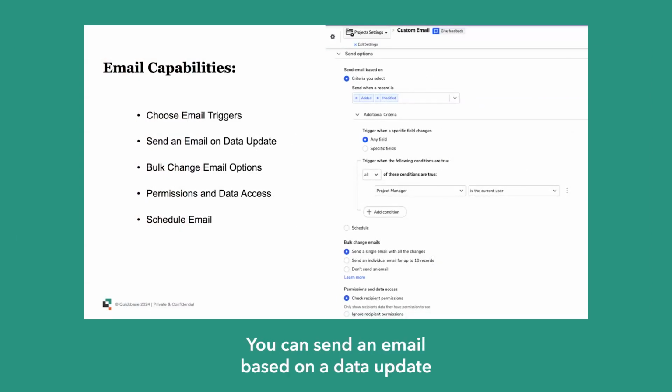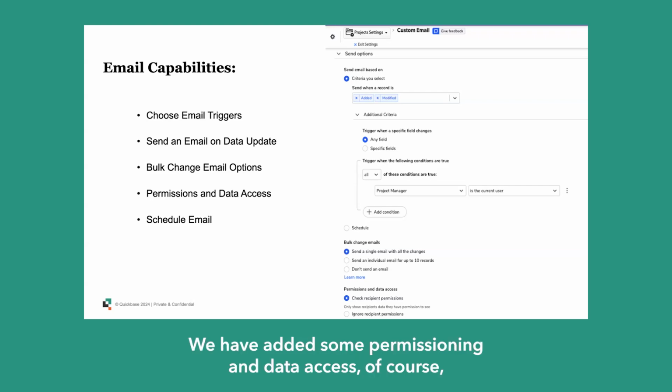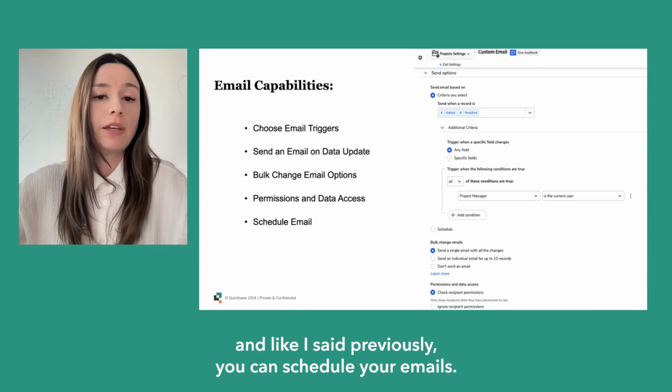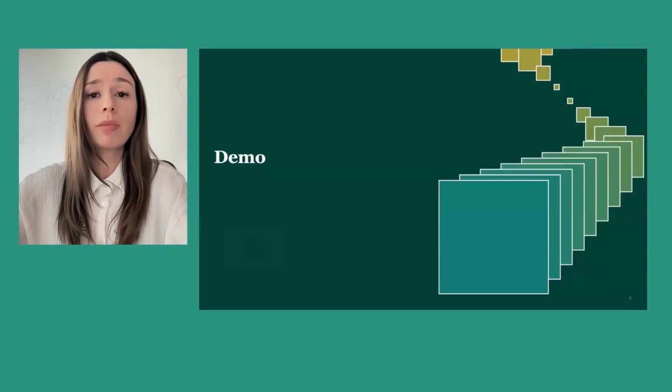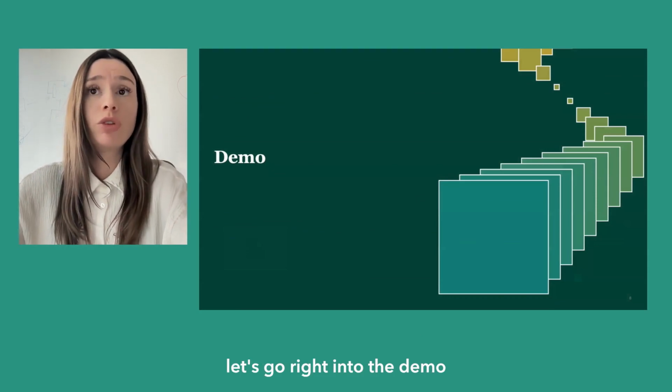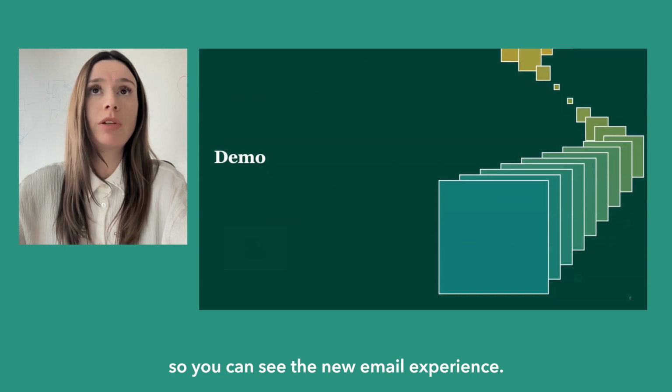You can send an email based on a data update, or it can be scheduled. We also have new bulk change email options. We have added some permissioning and data access, of course. And like I said previously, you can schedule your emails. But without further ado, let's go right into the demo so you can see the new email experience.